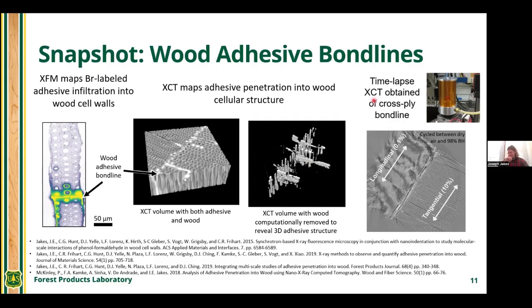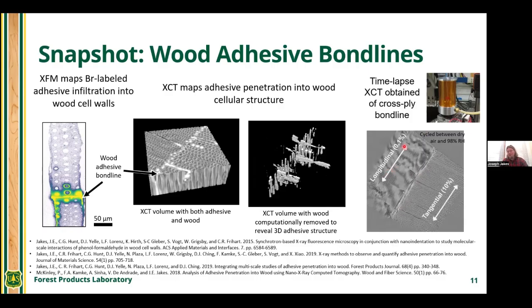And then another advantage of synchrotron X-rays is that, of course, X-rays are penetrating, so you can build humidity chambers, and also the beamlines themselves are relatively open. So you're actually able to incorporate these different humidity chambers into the beamlines themselves. So here's just an example of a humidity chamber that we built for an XCT beamline, and this is a cross ply adhesive bond line.